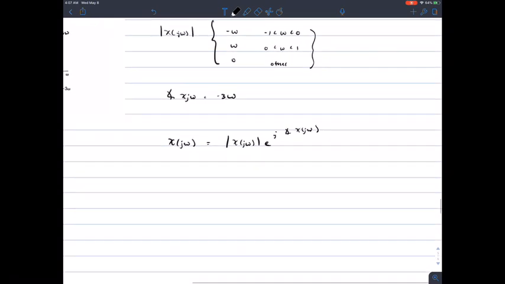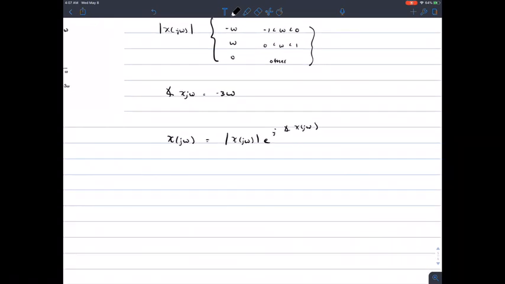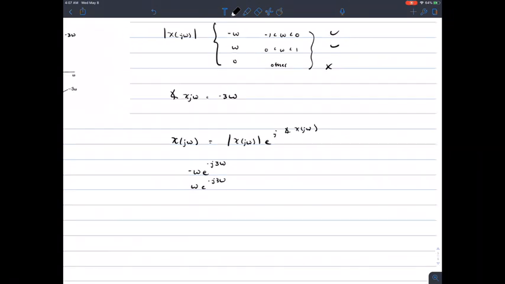Alright, so let's go ahead and write X of j omega for, this one doesn't matter, but these two we're gonna write it for. Okay? So negative omega e to the j 3 omega, and then omega e to negative j 3 omega.